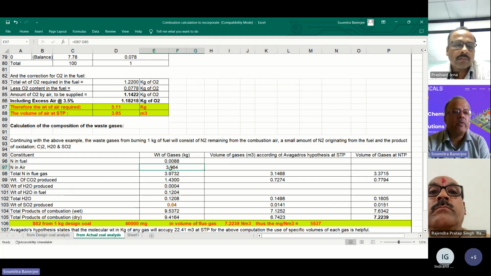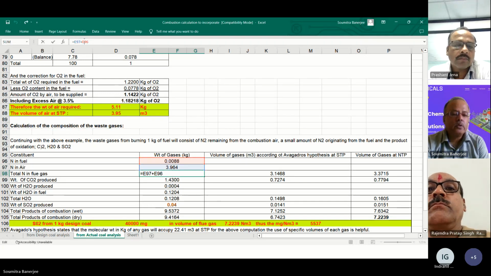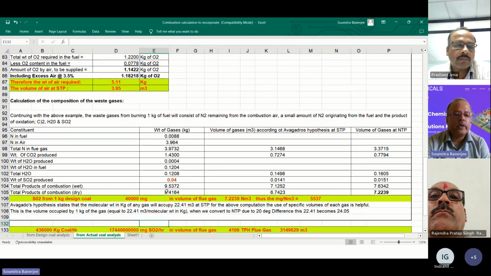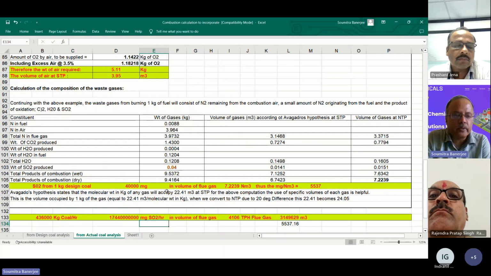So it's not difficult for you to find out what we are doing and what we are not doing. This will be supplied to you with the formulas so that whenever you have your ultimate analysis, you can calculate the things with this Excel sheet.